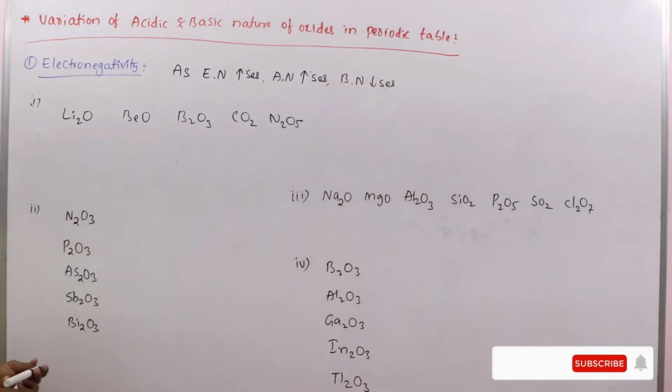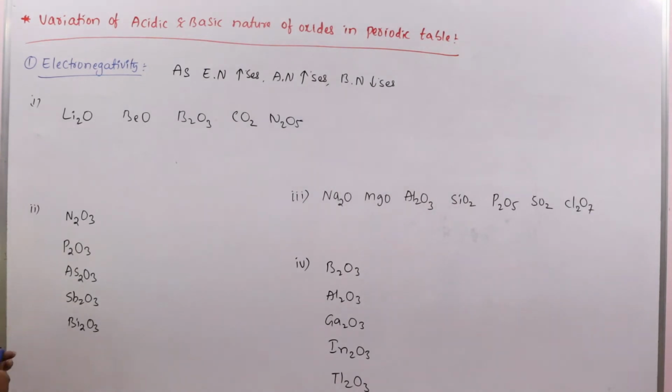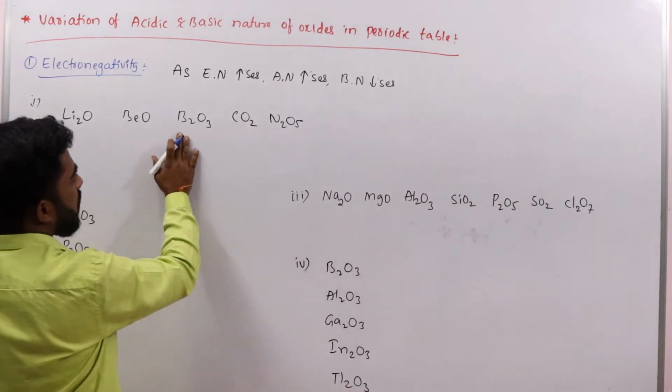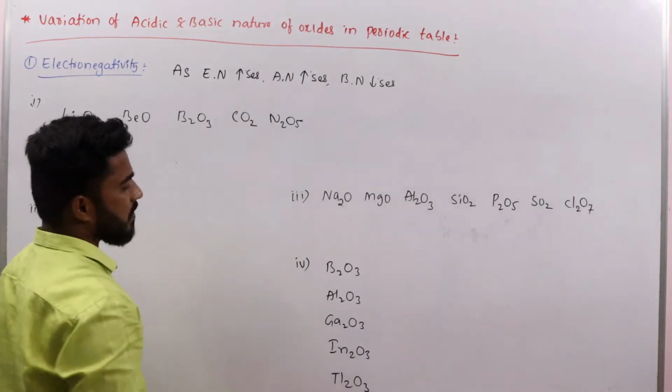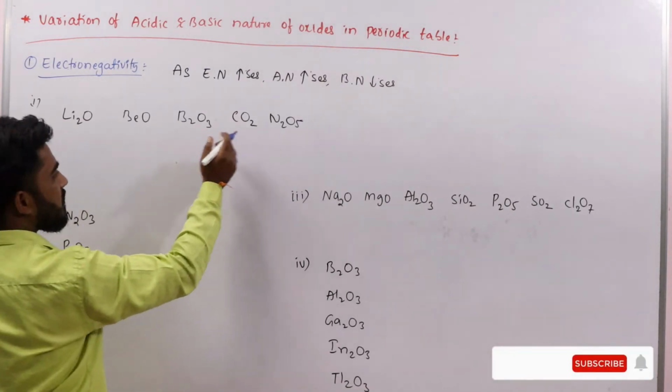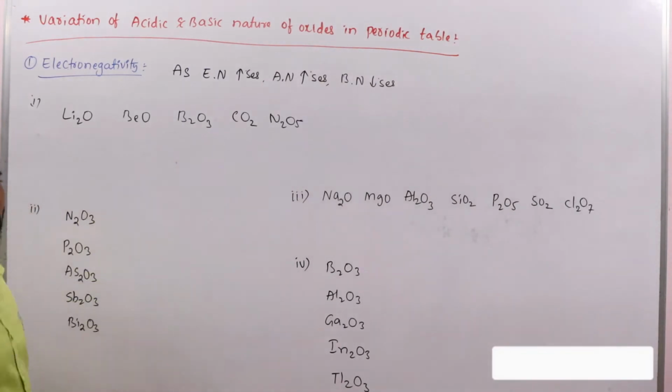Let us discuss with some examples. Here we have lithium oxide, beryllium oxide, boron oxide, carbon oxide and nitrogen oxide. These are period-wise, from left to right.